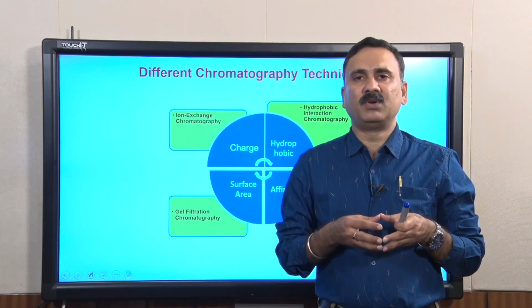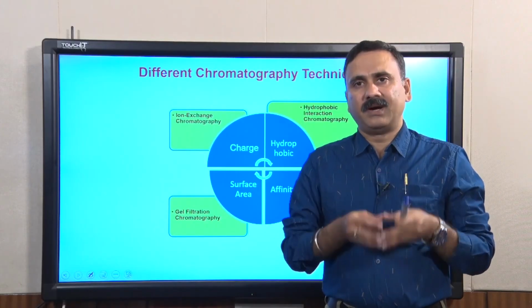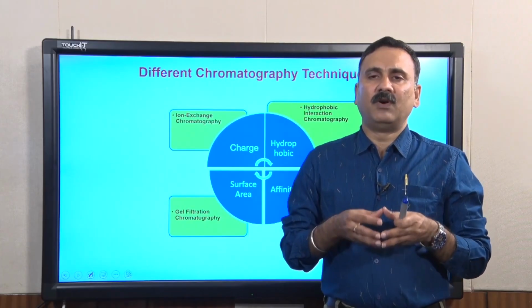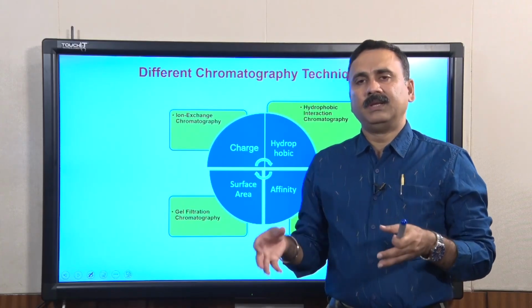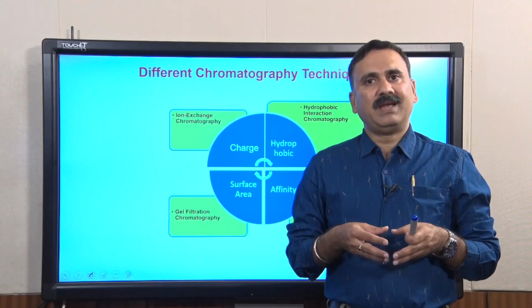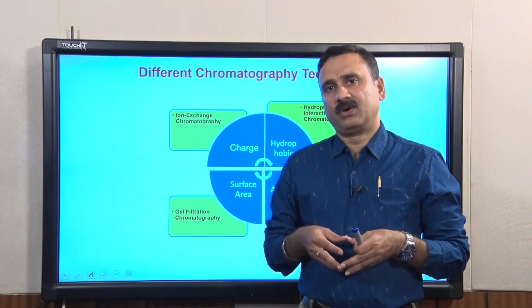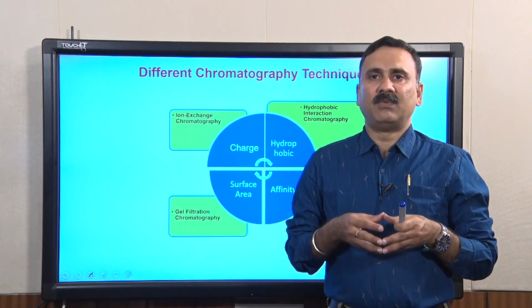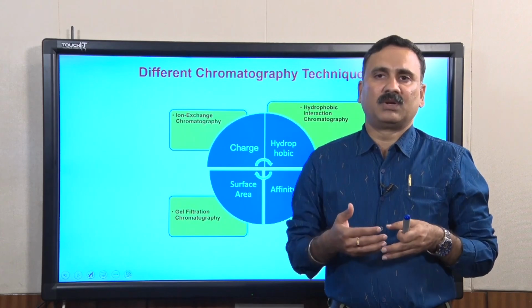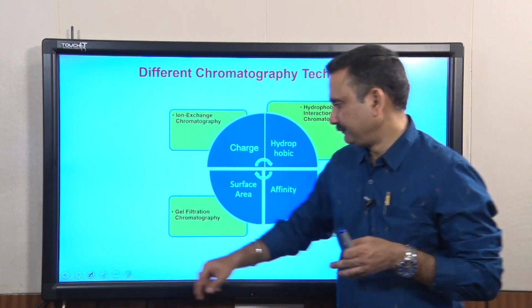In the pseudo affinity chromatography you are using non-biological receptor ligand pairs. Within the pseudo affinity chromatography you have the dye affinity chromatography as well as the metal affinity chromatography. So, let us start with some of these examples and how to perform these affinity chromatography in your laboratory.